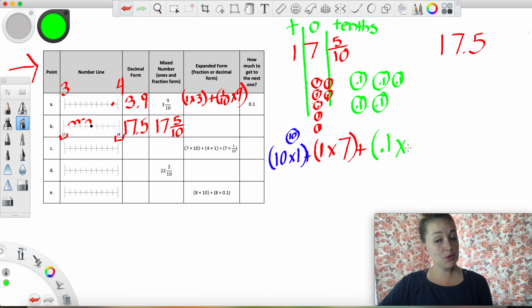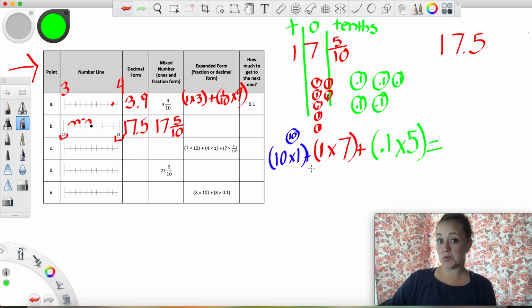How many times do I need a 1/10 chip? I need it 5 times. And so 10 times 1 plus 1 times 7 plus 1/10 times 5 gives me 17 and 5/10. I'm not going to rewrite that because it's a small little box, but it's right there.